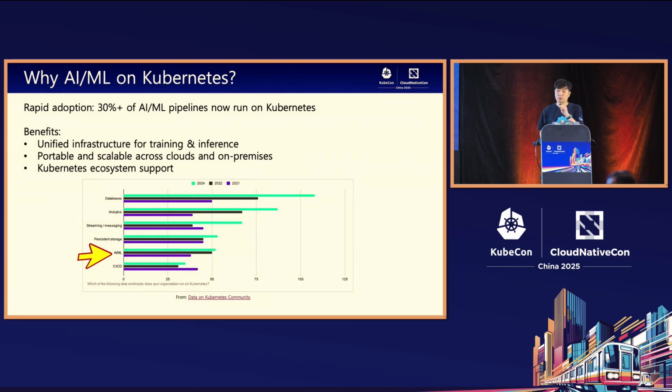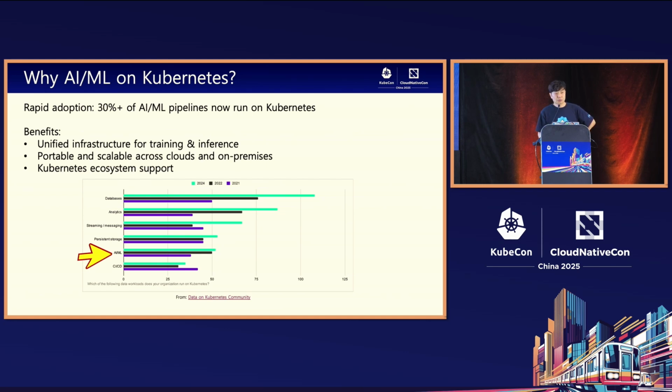So, why do we run AI machine learning on Kubernetes? Based on community research, Kubernetes has become a key platform for AI machine learning. More than 30% of AI machine learning pipelines are running on Kubernetes, and year by year, the percentage has been increasing.